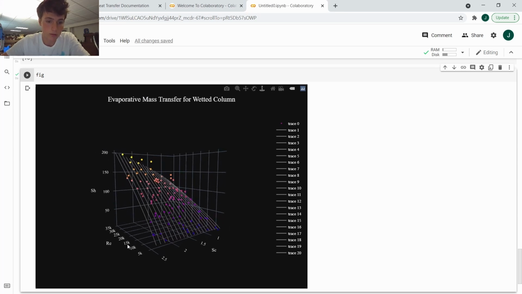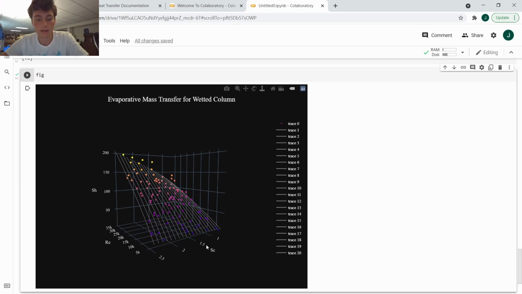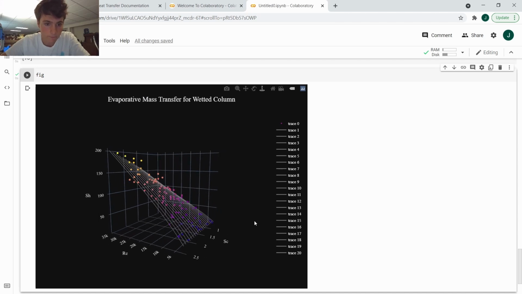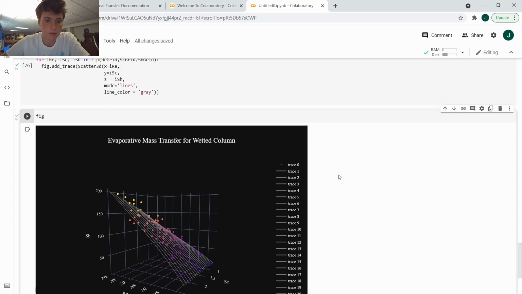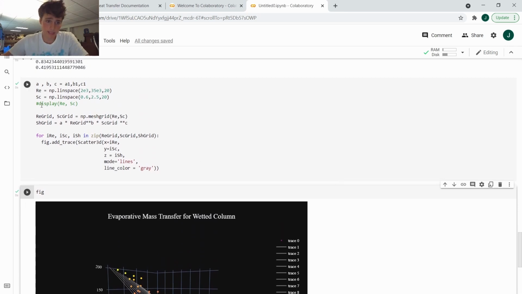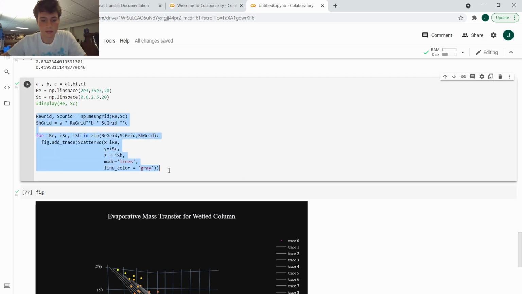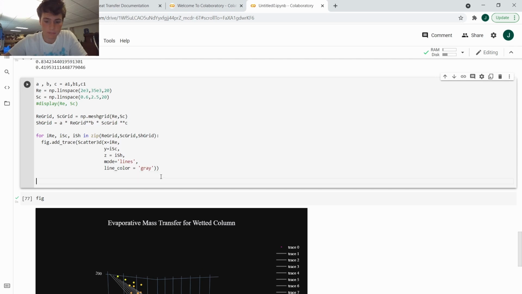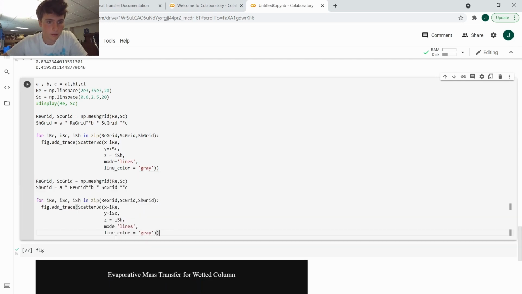And now all we want to do is do the same thing, but this time we're going to hold the Reynolds number constant and vary the Schmidt number. It's the exact same thing we did before, so we can literally just copy this and paste it down here, but we have to change which one is being held constant.